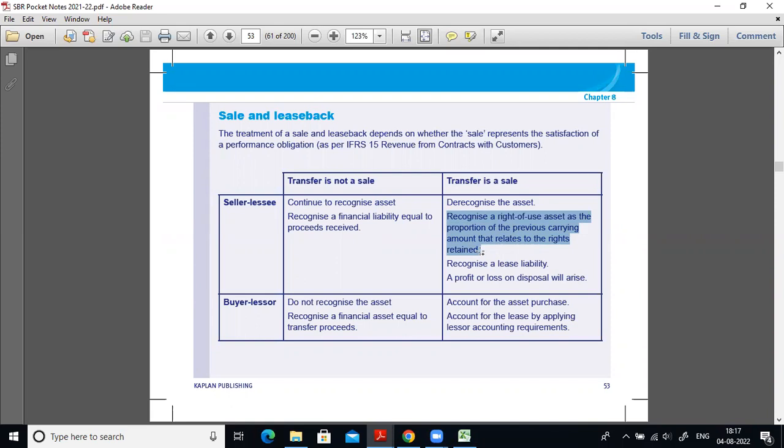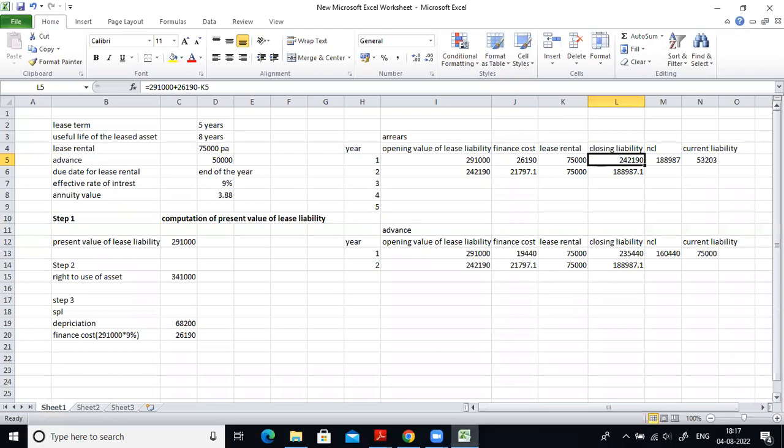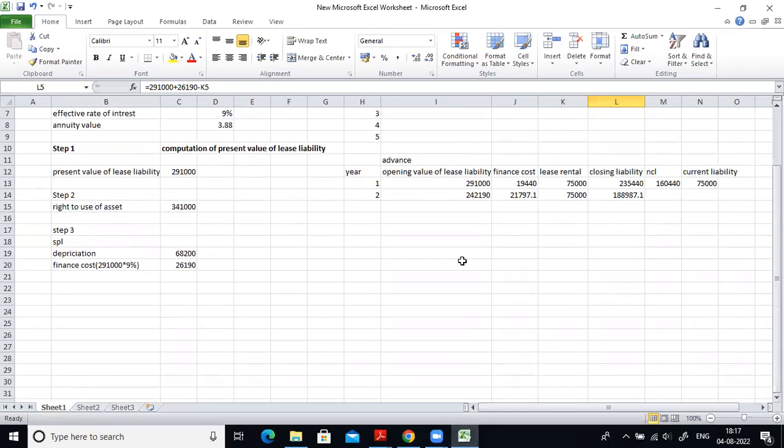Suppose, for example, X Limited sold an asset to Y Limited. Let me put it on the Excel sheet. So X Limited sold the asset to Y Limited.